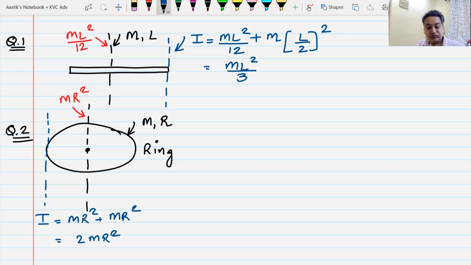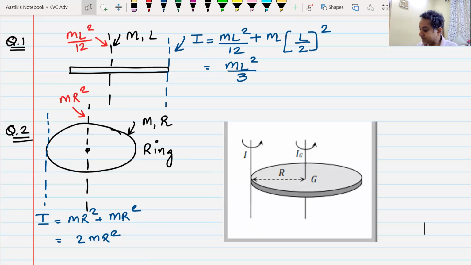Then this. This is now a disk. Disk of mass m, radius r.